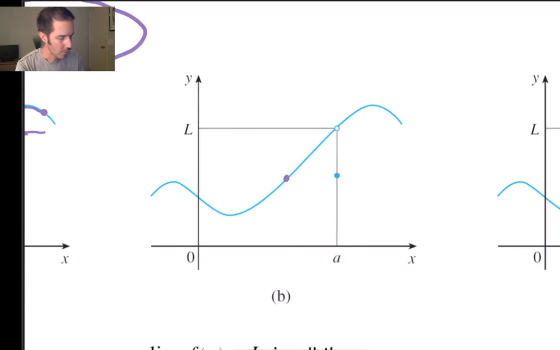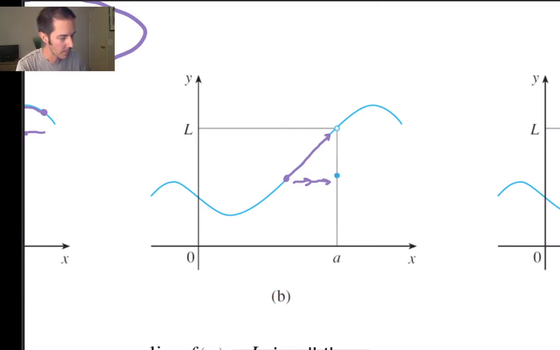We'll hop onto our curve to the left of when x equals a. We'll start pushing our way to the right as our x values approach a. We end up pushing this point along the curve, and it starts rising and rising, and our y value gets really close to L as our x value gets really close to a.